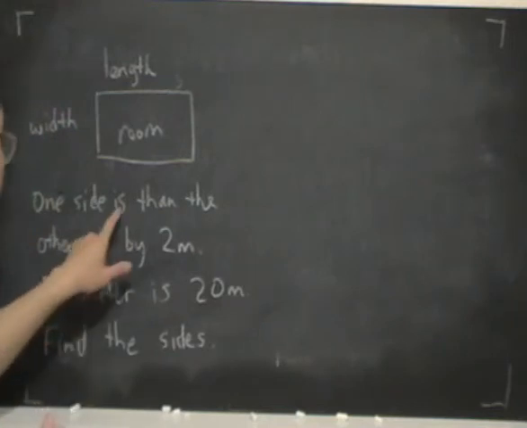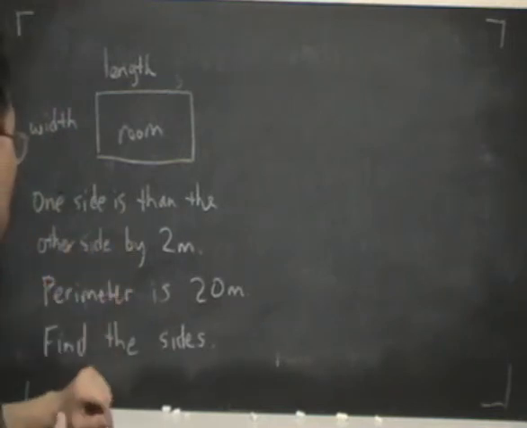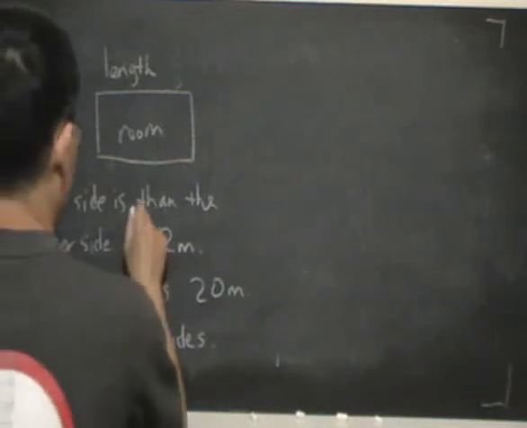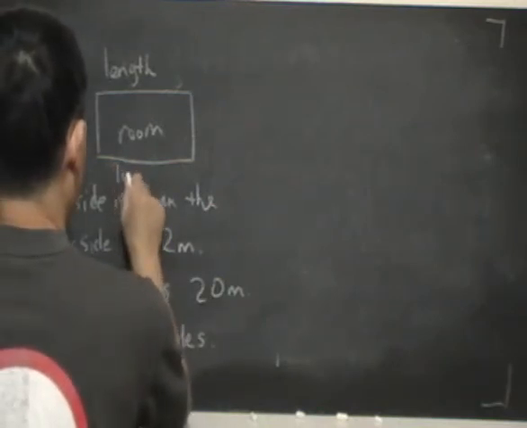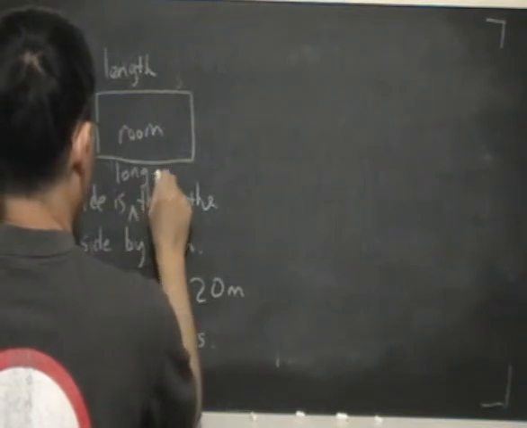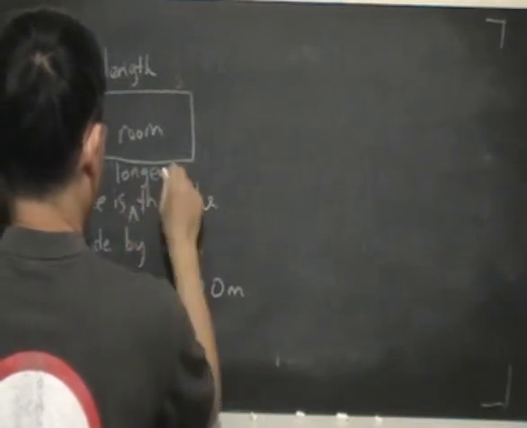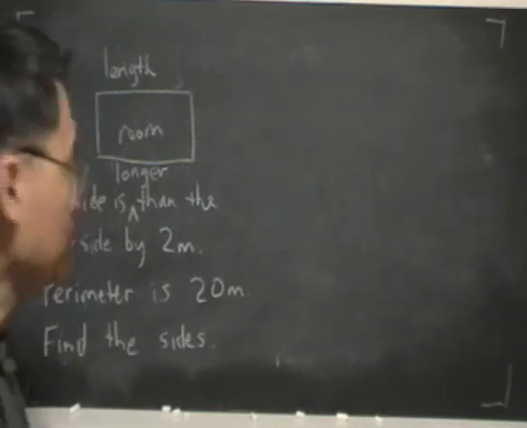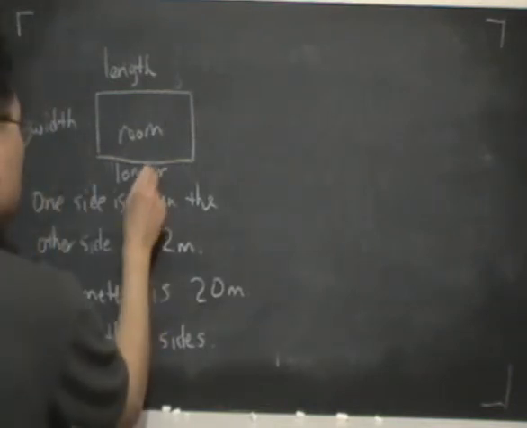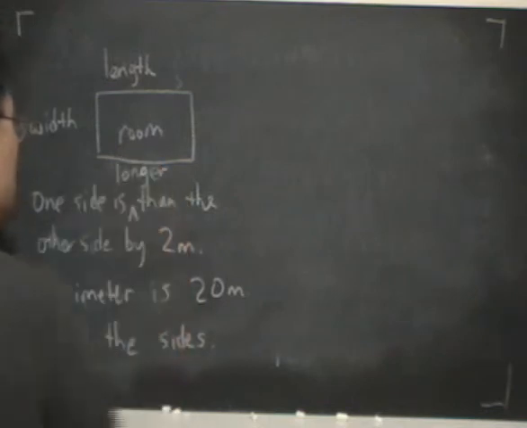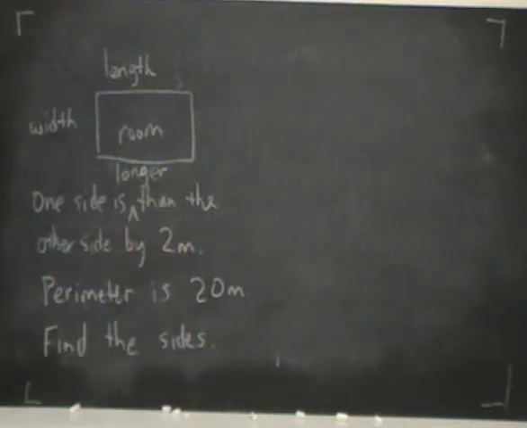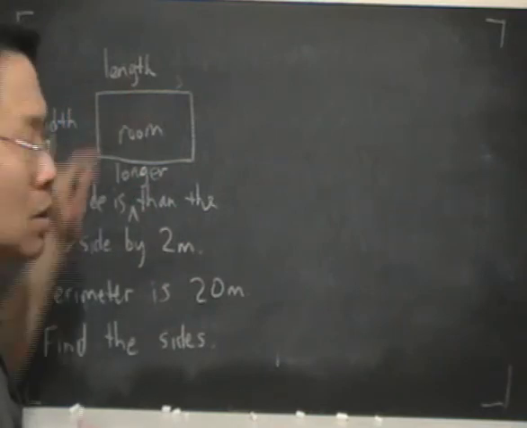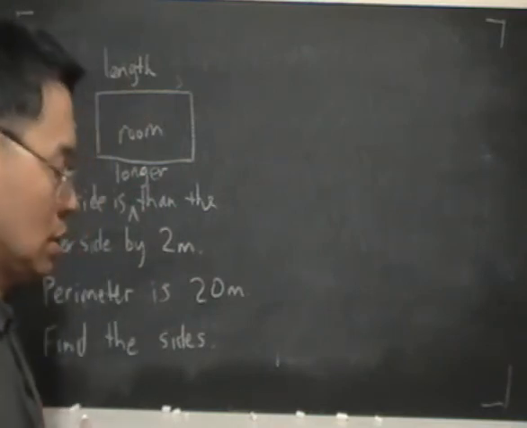And we know that one side is longer than the other side by 2 meters. So we have 2 unknowns, the length and the width.